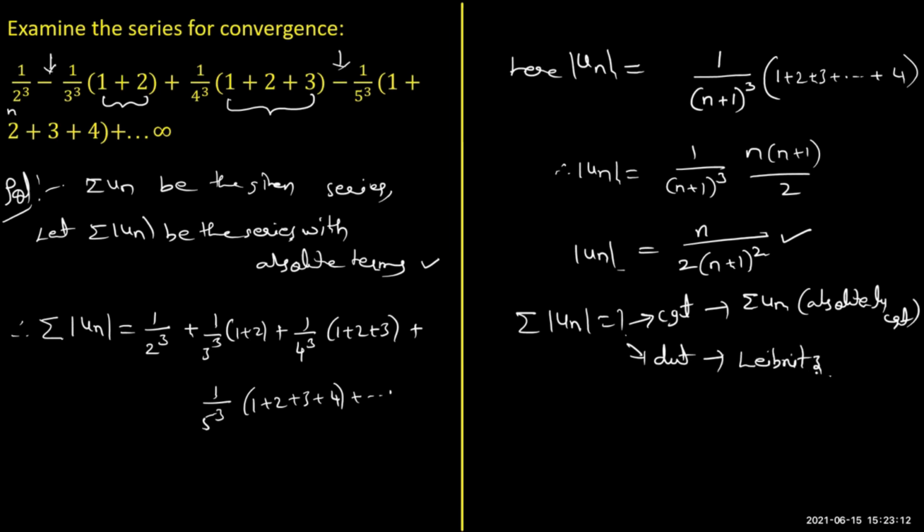In the Leibniz test, if you remember, we'll simply ignore the signs and only test those two conditions: whether un plus 1 is less than un, and the second one, limit n tends to infinity, un is 0. If those two conditions are satisfied, then we'll say the given series is convergent. If this is convergent here, earlier it was divergent, and after using the Leibniz test we identified it as convergent, in such a case we'll decide that the initial series summation un is conditionally convergent.